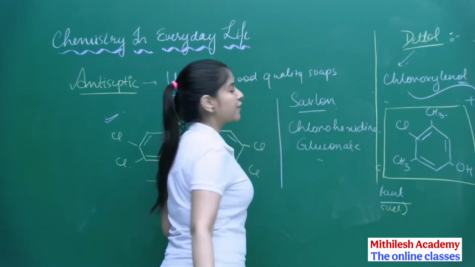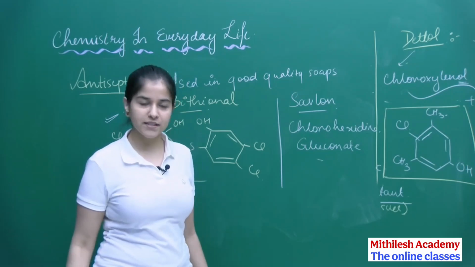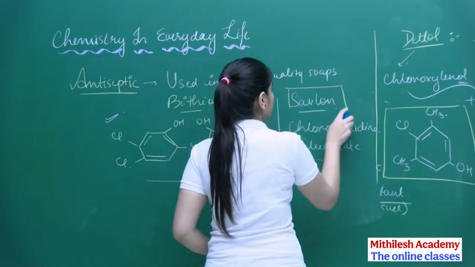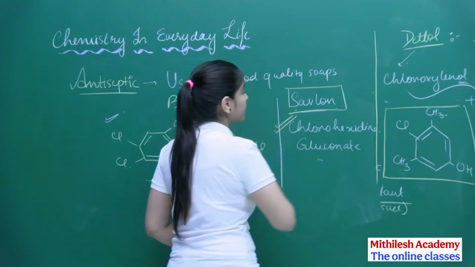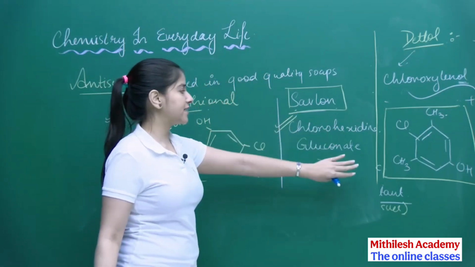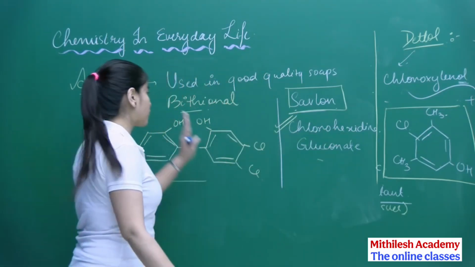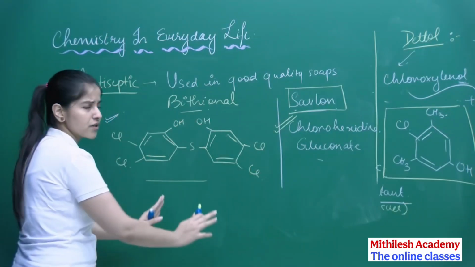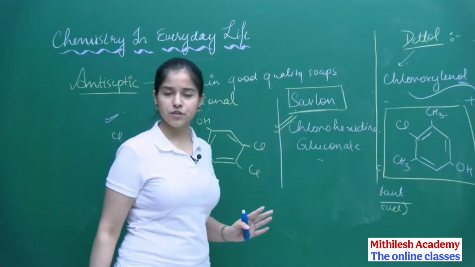So do not get worried, we are not discussing the structure for this. Just for your information, Savlon is also used as an antiseptic, and the chemical involved over here is chlorohexidine gluconate. So I hope you all have got it and you have made this structure as well. A very simple kind of a symmetric structure. You need not worry about it so much.